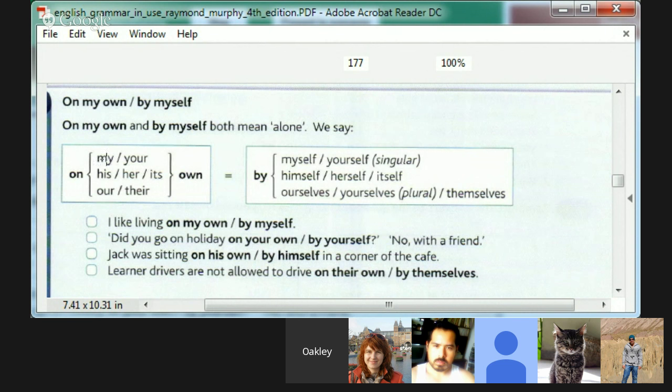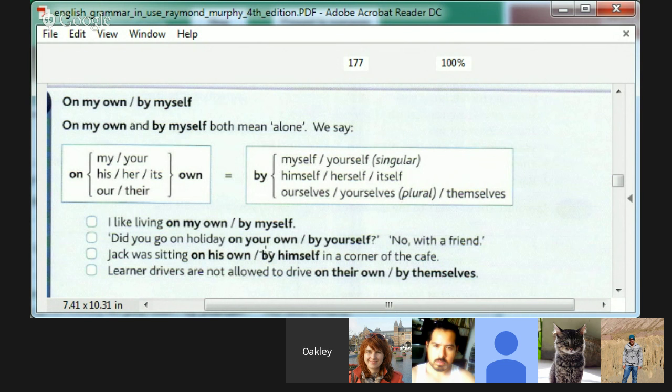We can refer to somebody else: on his own, on their own, and then by with the reflexive pronoun: by myself, by himself, by themselves. I like living on my own. I like living by myself. It means the same thing. You can say it whichever way you want.